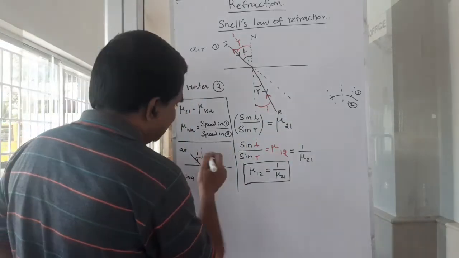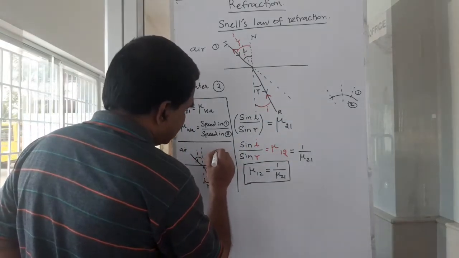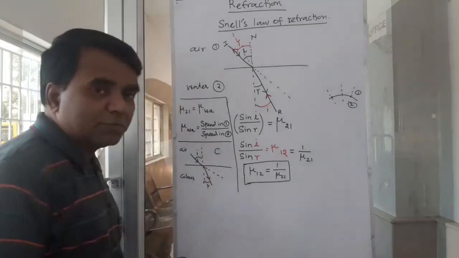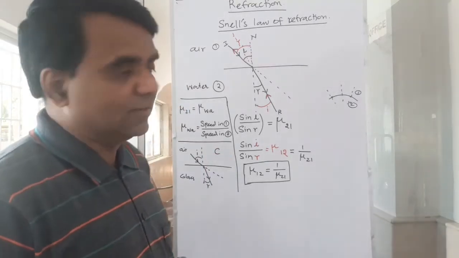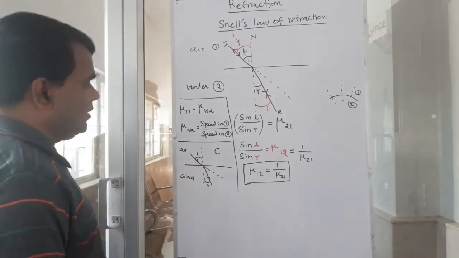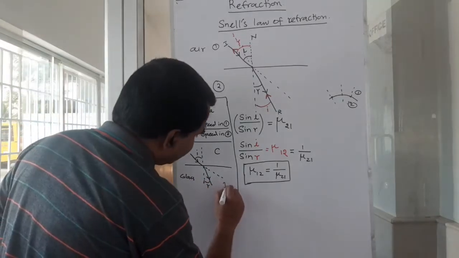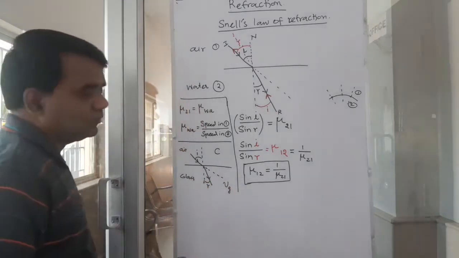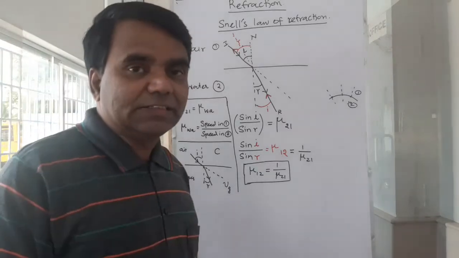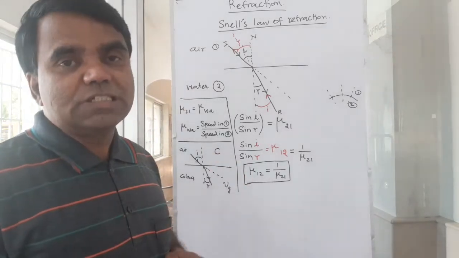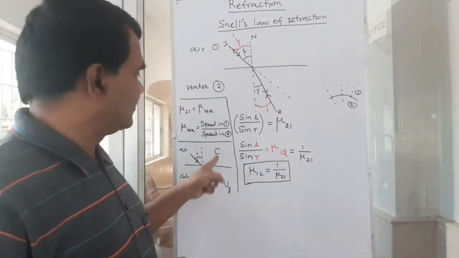So the speed here is c, 3 into 10 power 8 meter per second. In glass, the speed would be Vg, the velocity of light in glass, and it will be smaller than this.